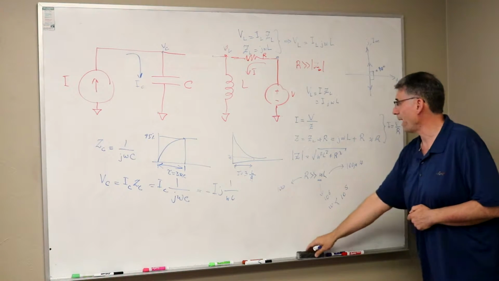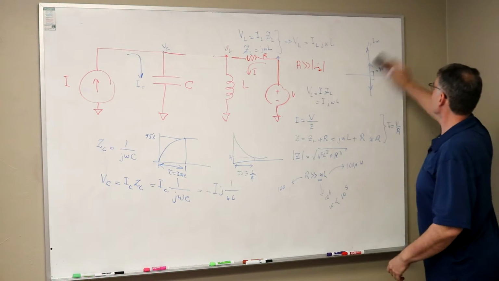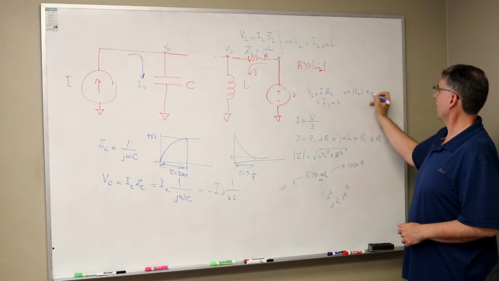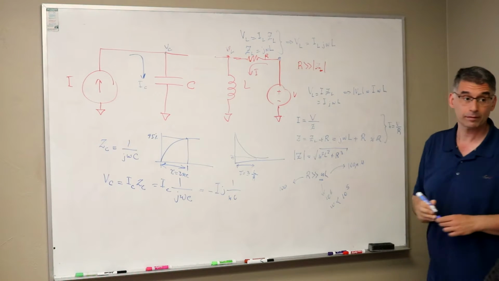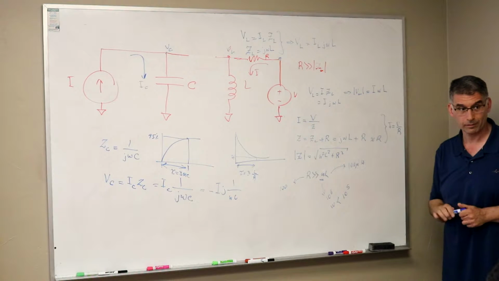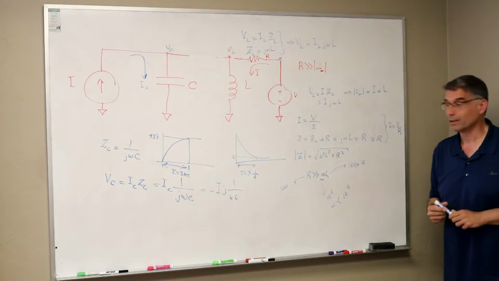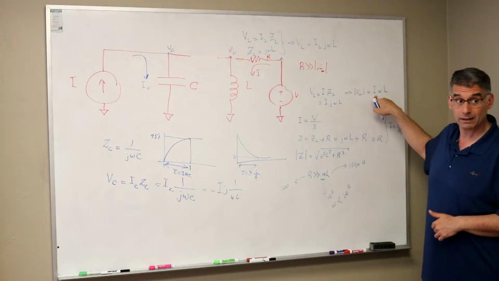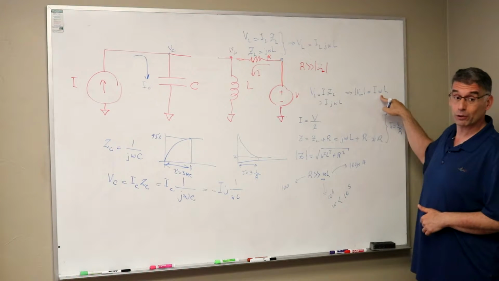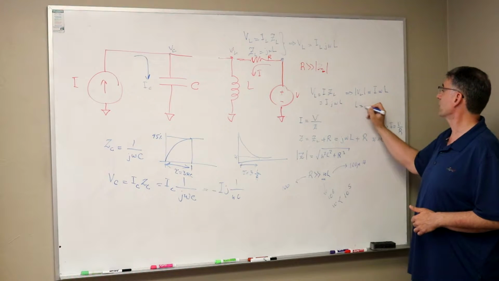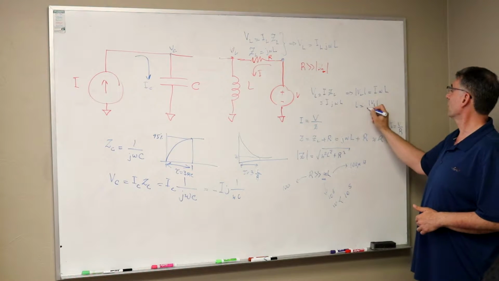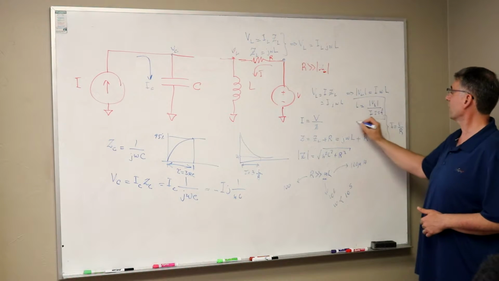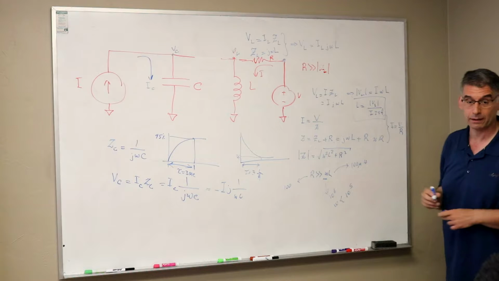And if I look at the magnitude of VL, that's just I omega L, right? You guys see that? So if I have the voltage, and I have the current, and I have the frequency at a particular frequency, L would be VL over I omega, or 2 pi f. So I can find my inductance by doing this.